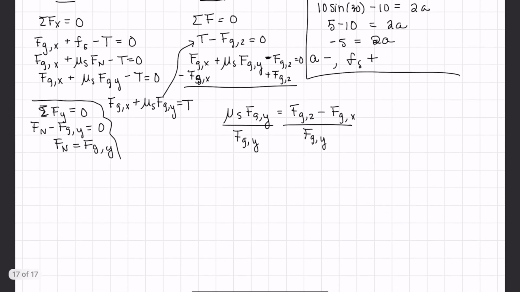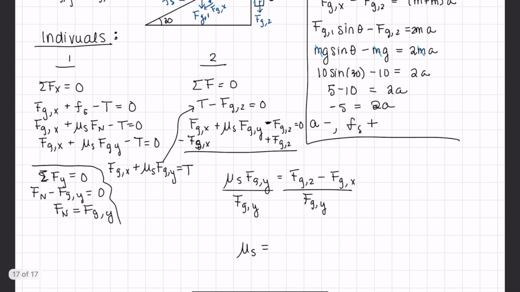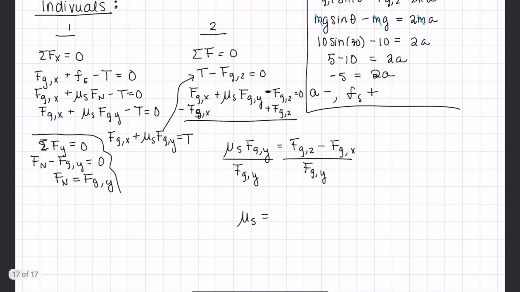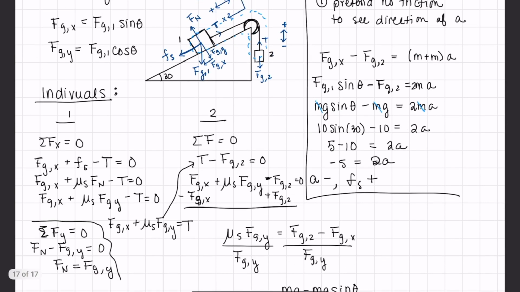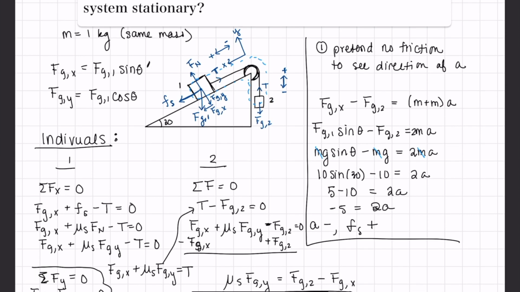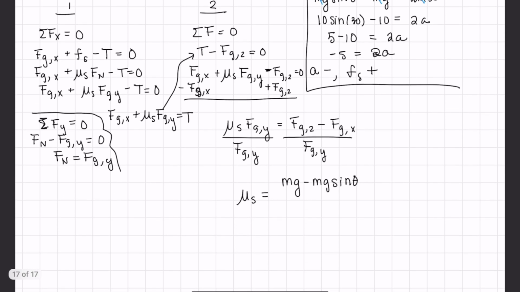In the next step, we'll go ahead and plug in what these guys are. So FG2 is just going to be mg. FGX is going to be mg sine theta. So substituting in first this, and then that, mg equals FG. And then for y, it's mg cosine theta.